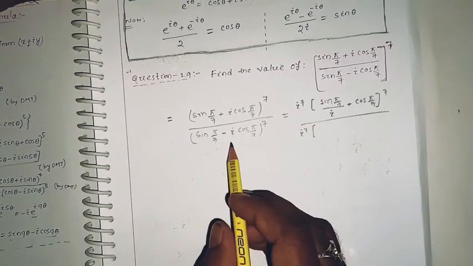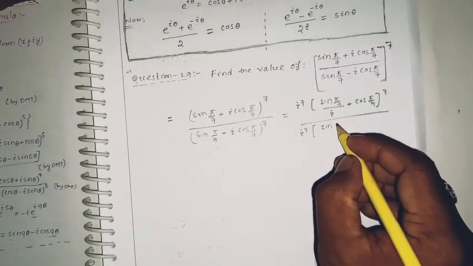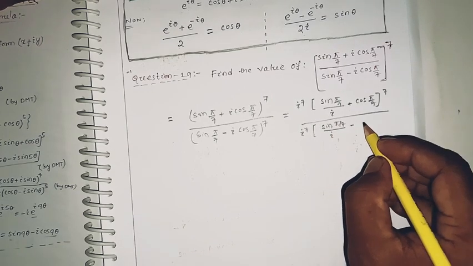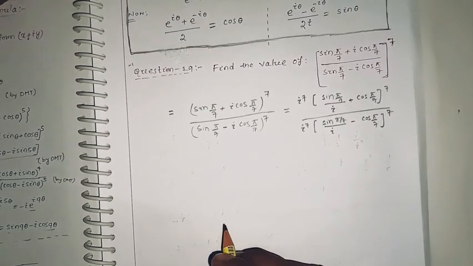Moved outside of the bracket, it will be i to the 7, and this will be (sin pi by 7 by i minus cos pi by 7) to the power 7, right?